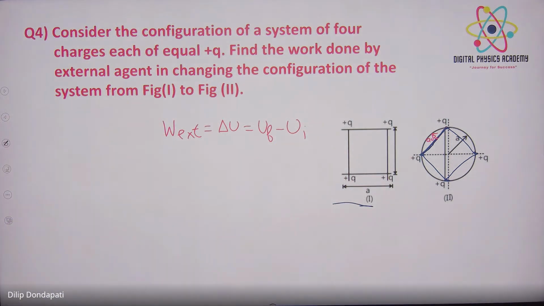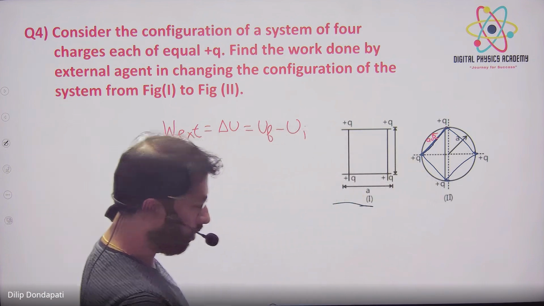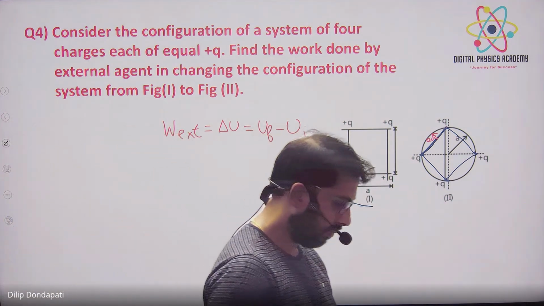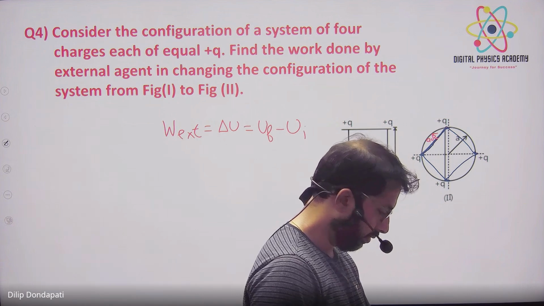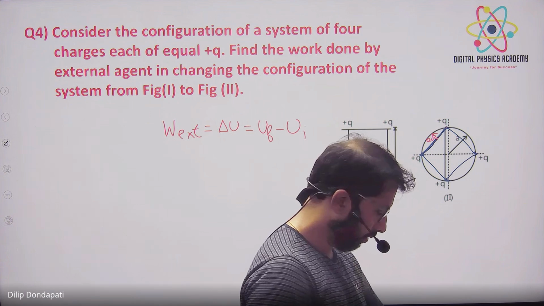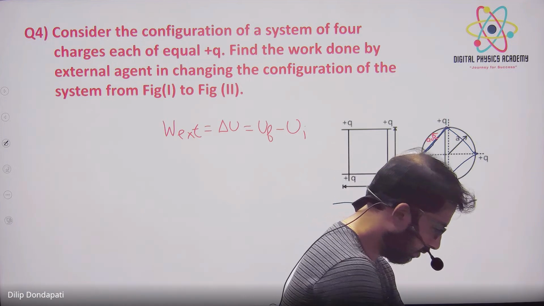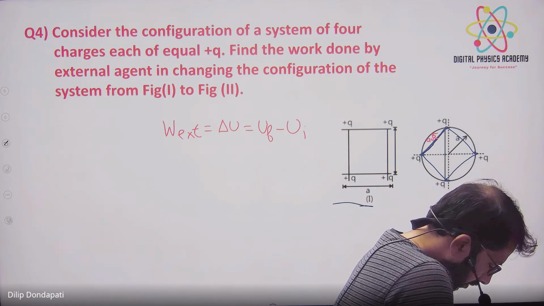So take common, tell me. kq square by a into root 2 minus 3. Yes, right. Good.